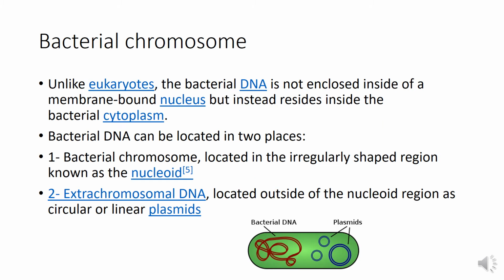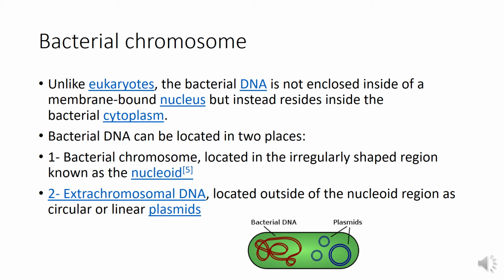Bacterial chromosome. Unlike eukaryotic cells, the bacterial DNA is not enclosed inside of a membrane-bound nucleus, but instead resides inside the bacterial cytoplasm. Bacterial DNA can be located in two places.